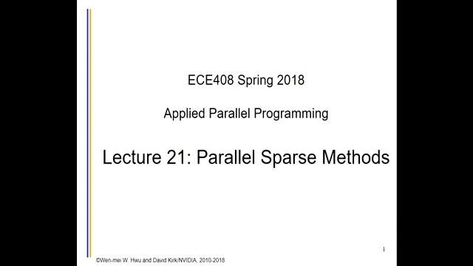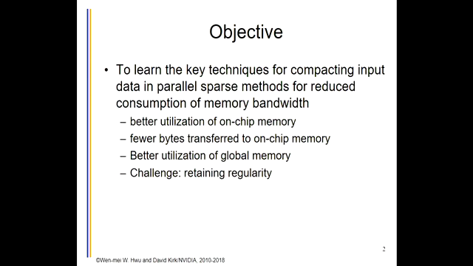The pattern that we're going to be talking about is parallel sparse methods. The objective for this sequence is for you to really understand the key techniques for compacting input data in parallel sparse methods for reduced consumption of memory bandwidth.